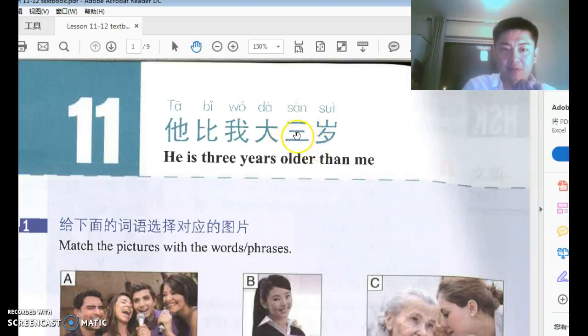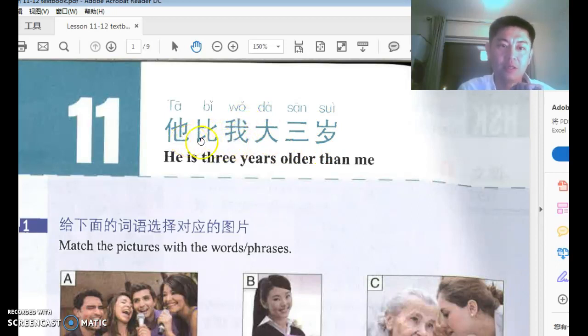And 大 is big, 我 is I, 比 is the character for comparison, the comparison structure. A, 比, B, then a description. That means A is more of this description than B.